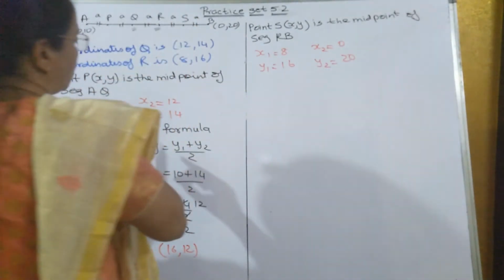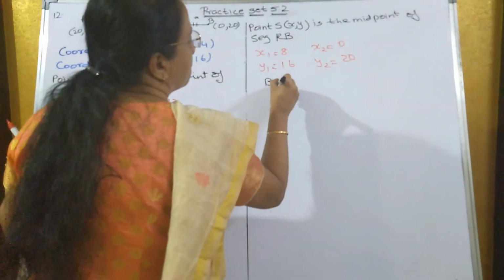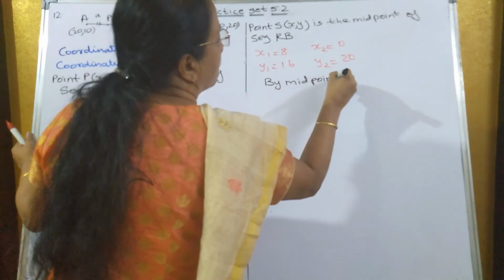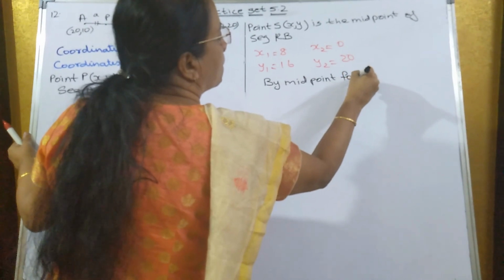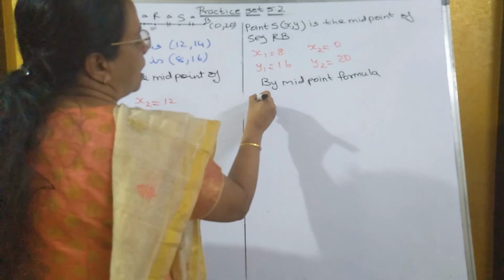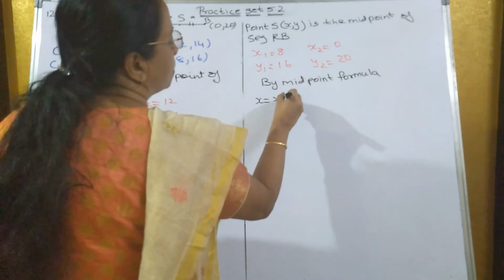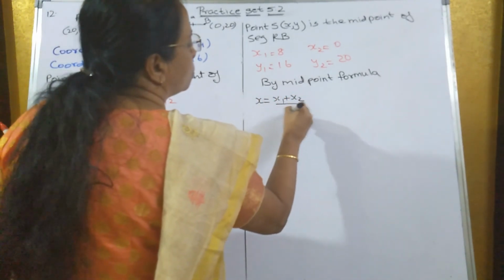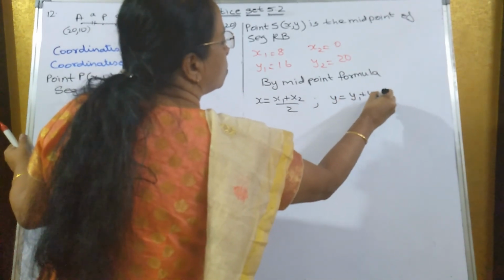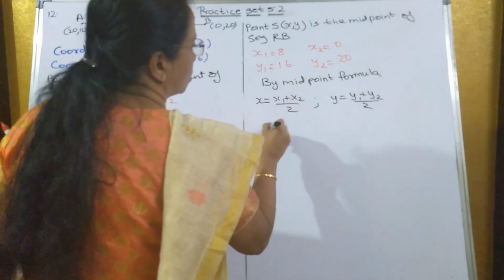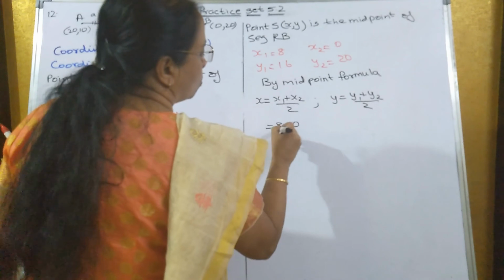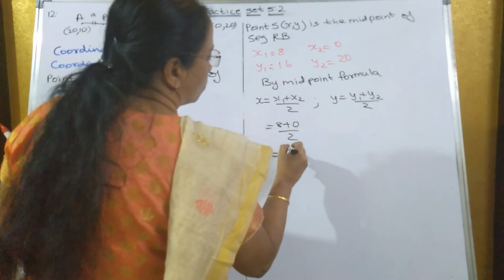So by midpoint formula, x is equal to what? x1 plus x2 upon 2, and y is equal to what? y1 plus y2 upon 2. So what is x1, x2? 8 plus 0 upon 2. So that's equal to 8 upon 2.